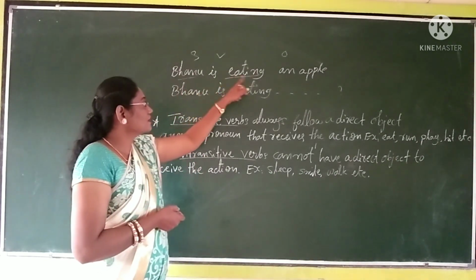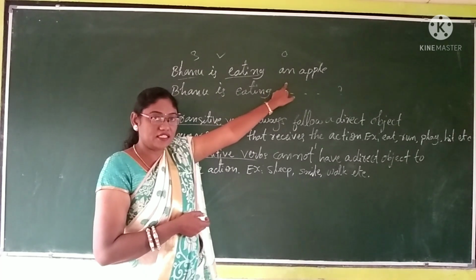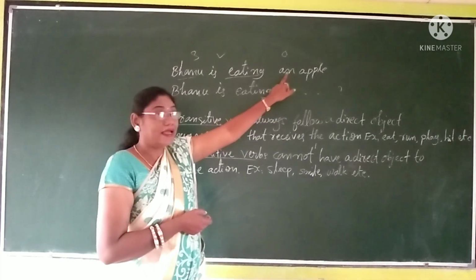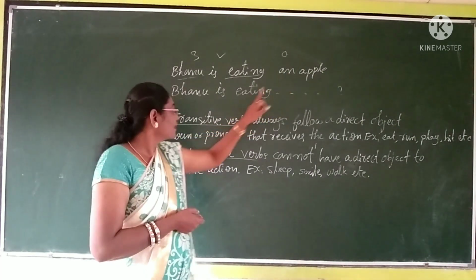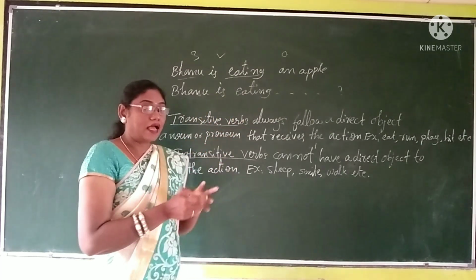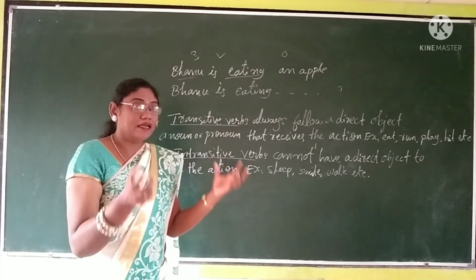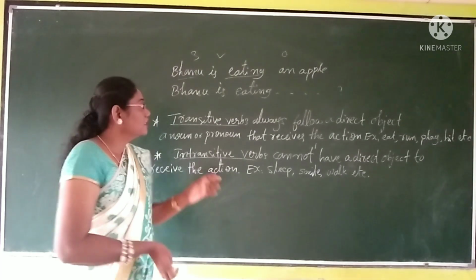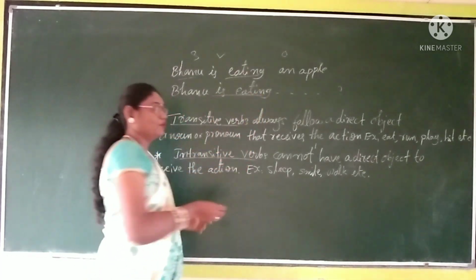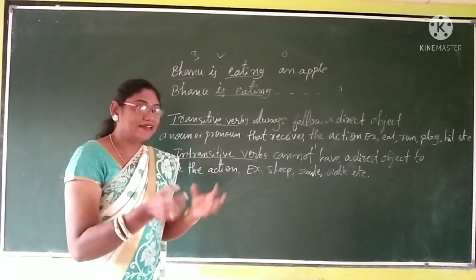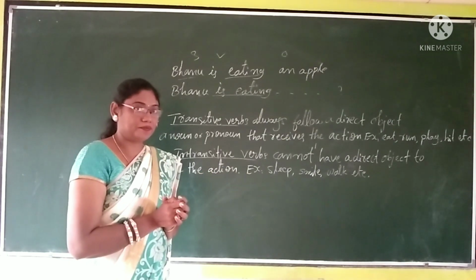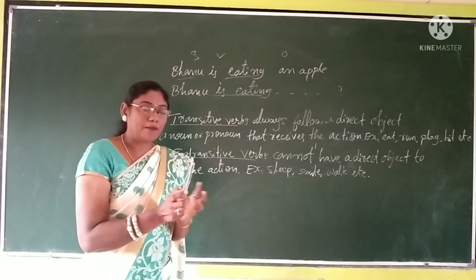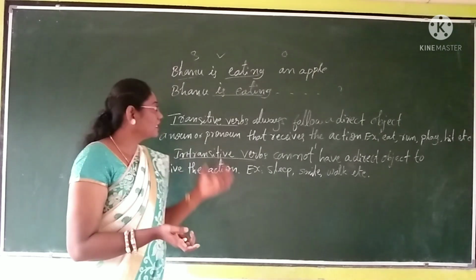In the earlier case, the object is mentioned. This is the direct object. In this case, I did not mention any direct object. So this type of verb is called an intransitive verb. It doesn't give complete sense.